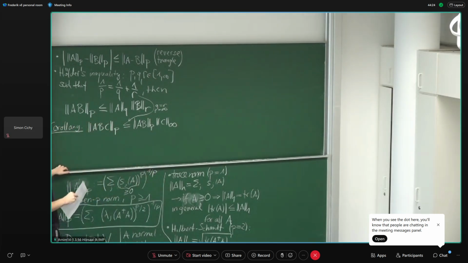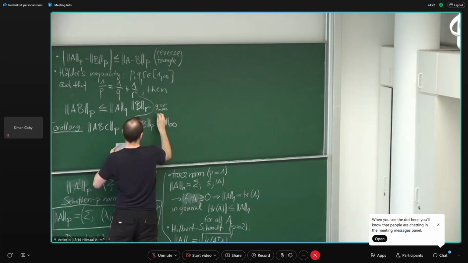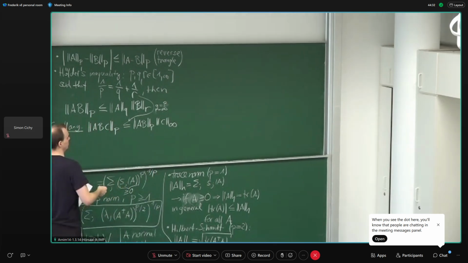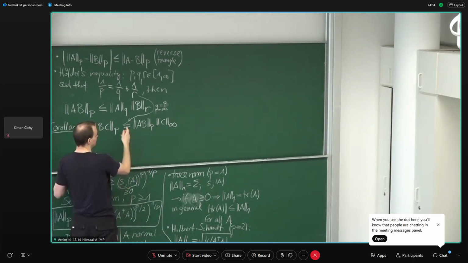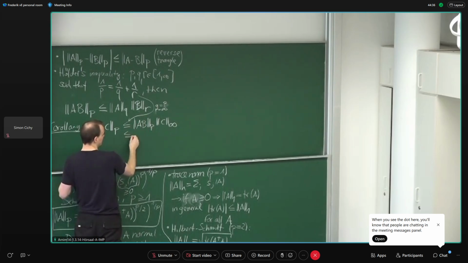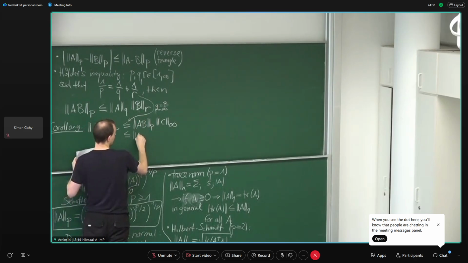It's q, r. Oh yes, it is. Thank you. And actually, we can do the same by choosing q equal to infinity, and we can split off an A from the left.